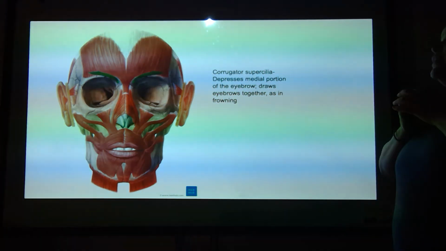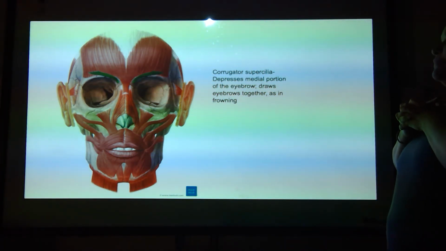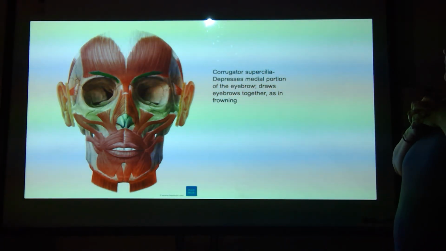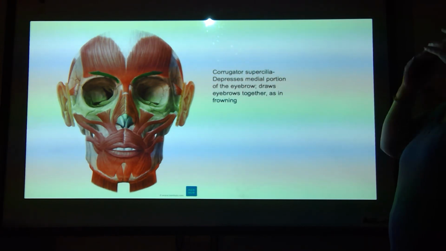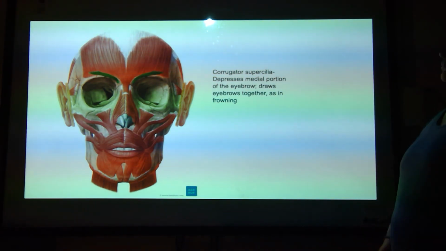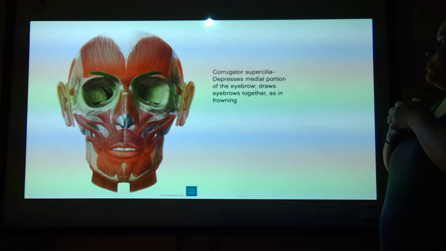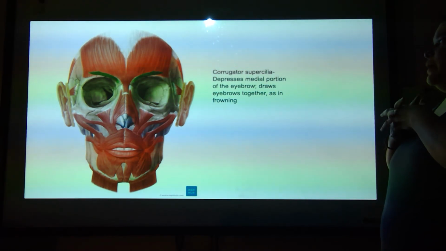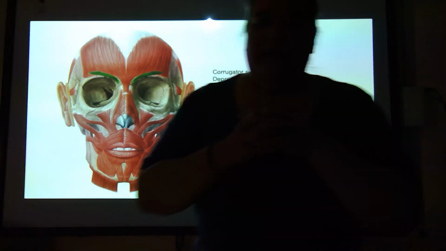The Corrugator supercilii, super, above, cilia. It depresses the medial portion of the eyebrow. When your eyebrows draw together here, this is the one that pulls your eyebrows toward the center.